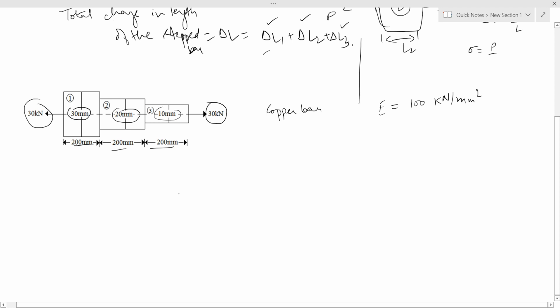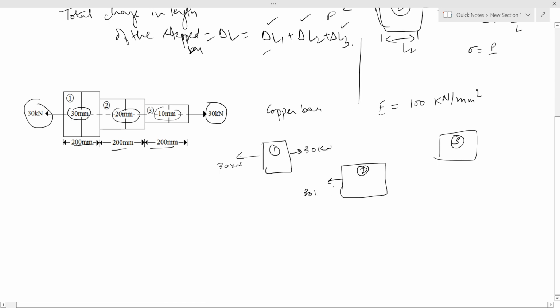As we know, initially we have to draw the free body diagram of the three sections of the bar: 1, 2 and 3. We have to depict the load 30 kilonewton, 30 kilonewton and 30 kilonewton.